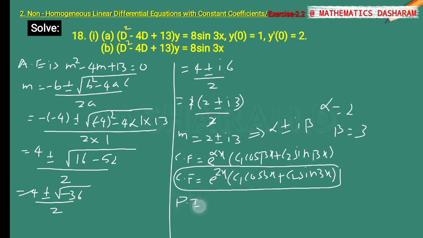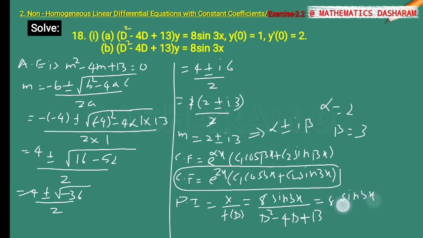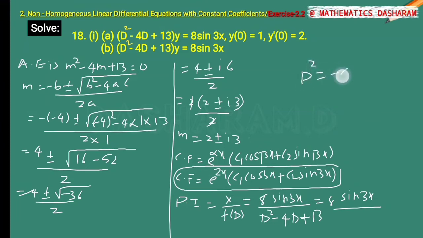Now the particular integral is X divided by f of D. So X value is 8 into sin 3x divided by f of D value, which is D square minus 4D plus 13. So 8 into sin 3x divided by, substitute D square equals minus a square.